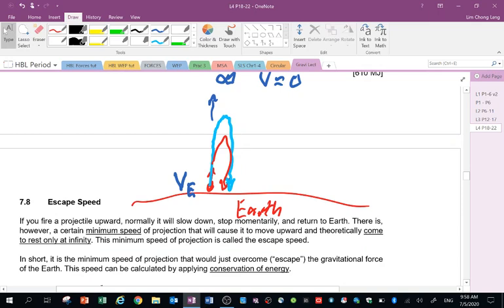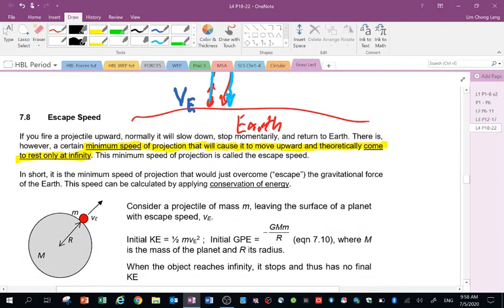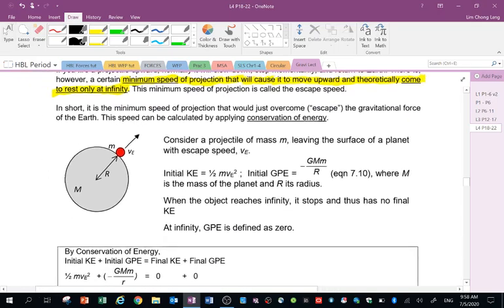So, escape speed is actually the minimum speed of projection that will cause the body to move away from the earth's surface and reach infinity with zero speed. All right, so therefore we apply principle of conservation of energy like this.